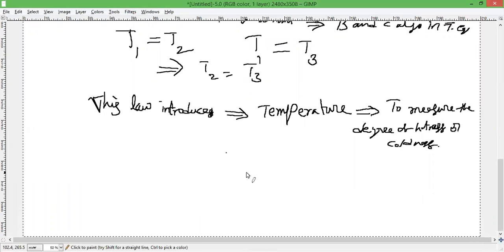Now, what is the importance? We should understand the difference between temperature and heat.